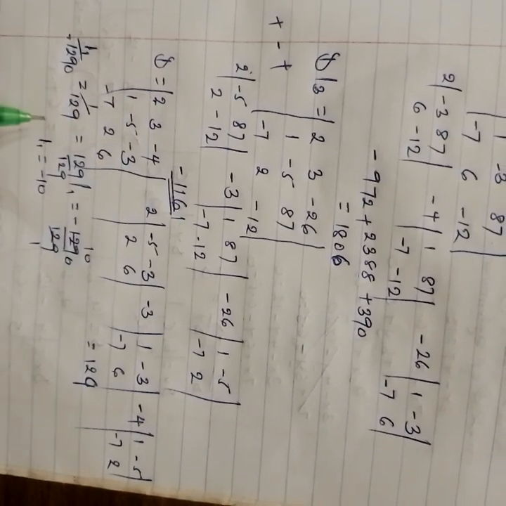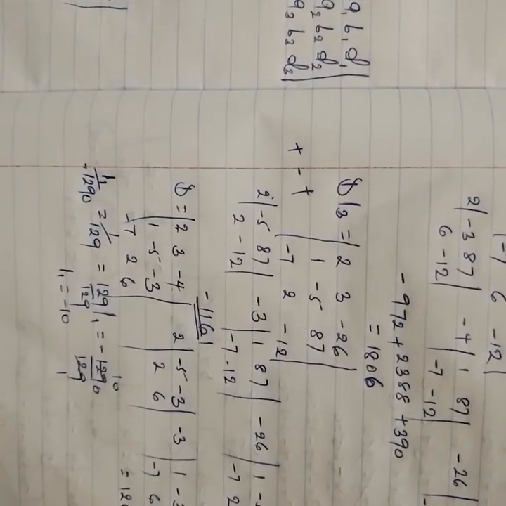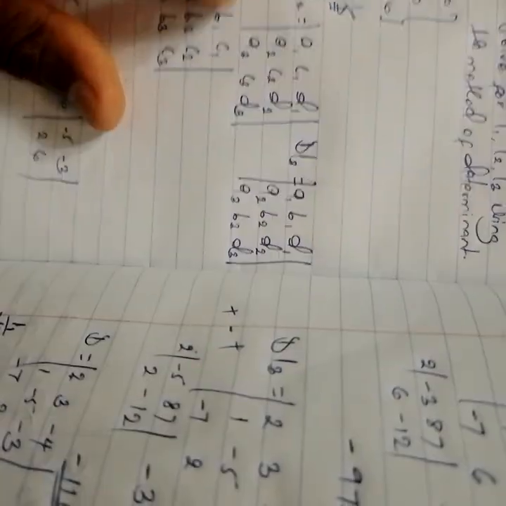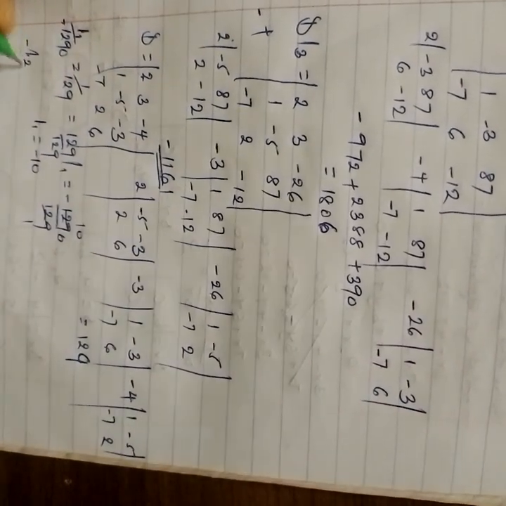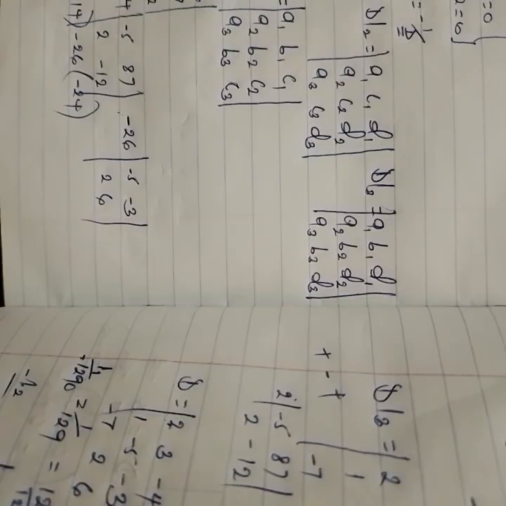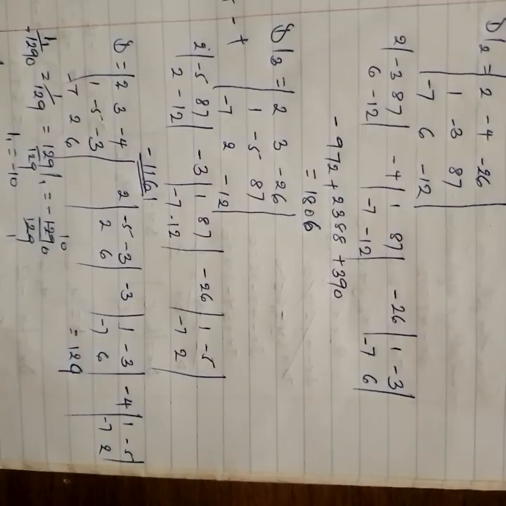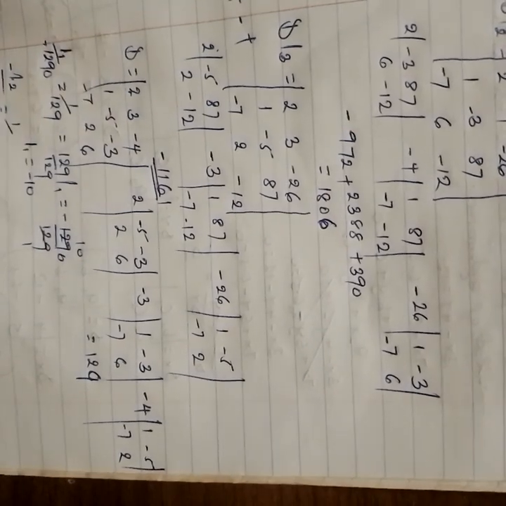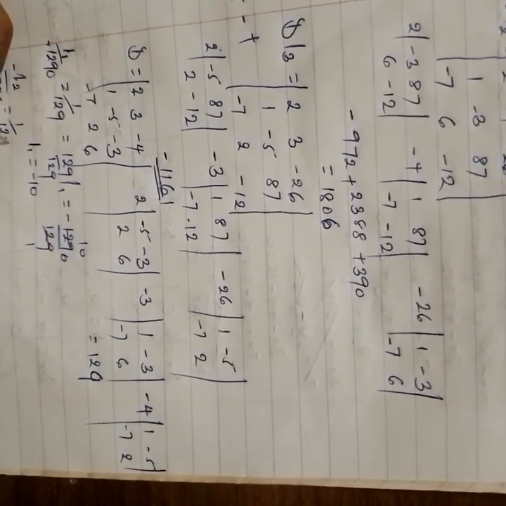Now again we move to L2. Negative L2 over DL2, and our DL2 is 1806 over 129.